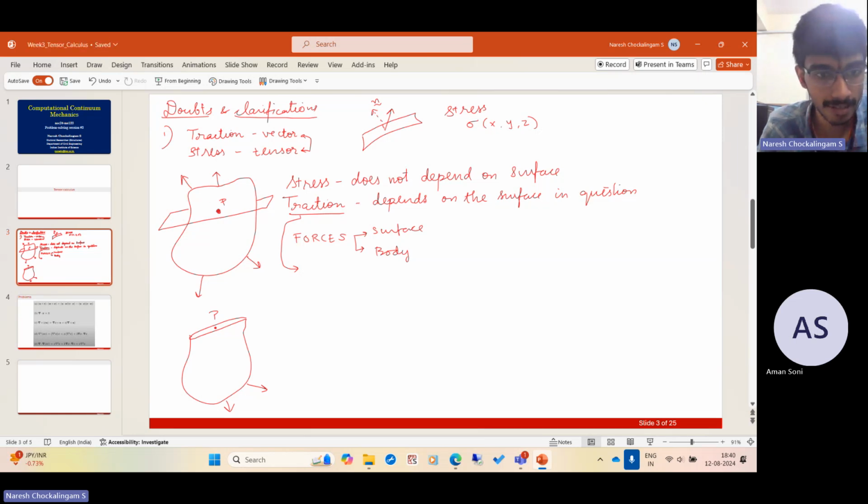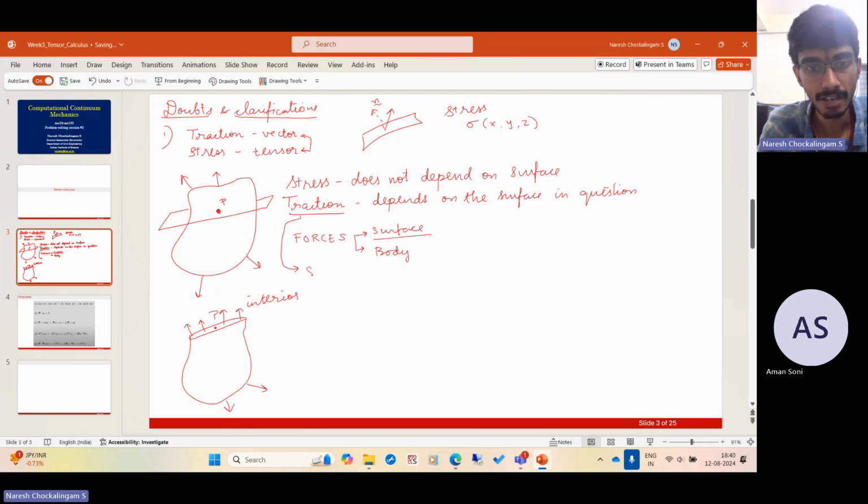But internally, this surface is interacting with the rest of this. So these two surfaces are bonded together. So there are some forces acting between these two, which are keeping the body intact. So these forces are interior forces. Once you make a cut, they are exposed, so they are exterior forces, and these are distributed on the surface of the cut, so they are surface forces.